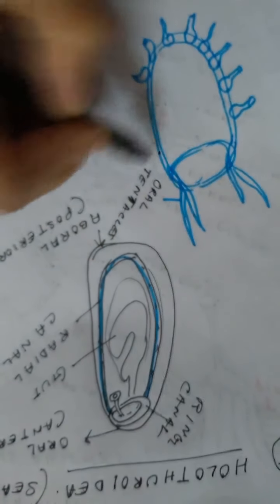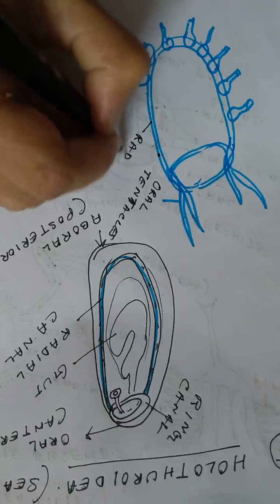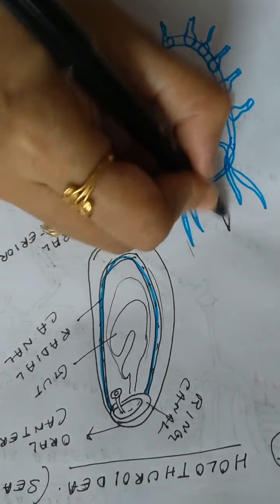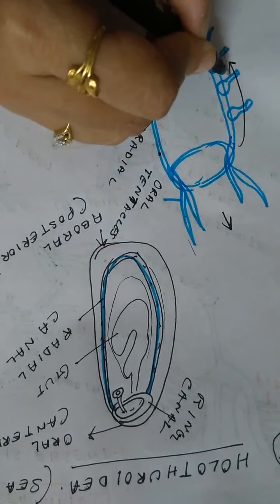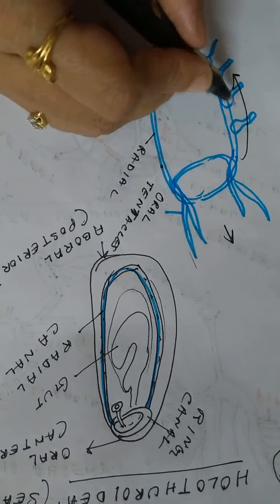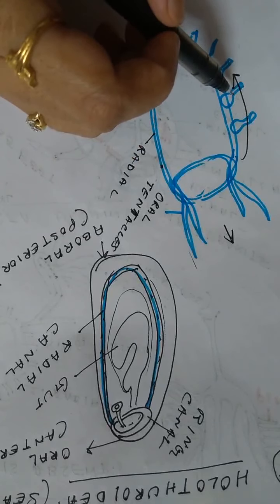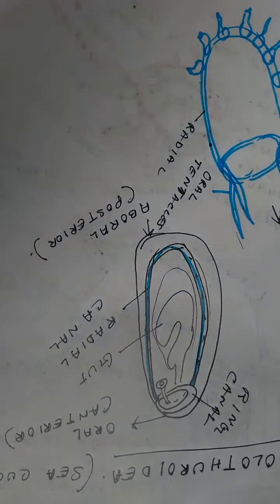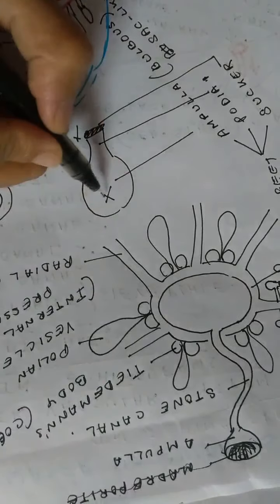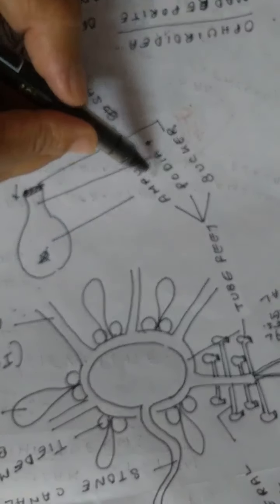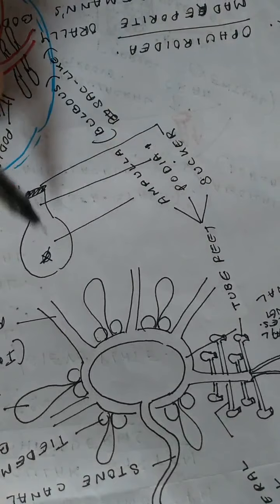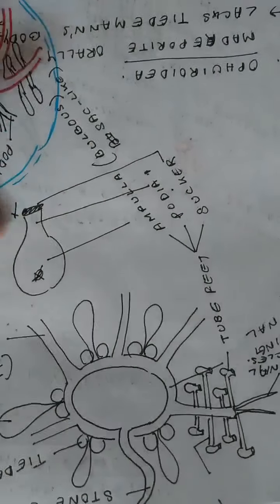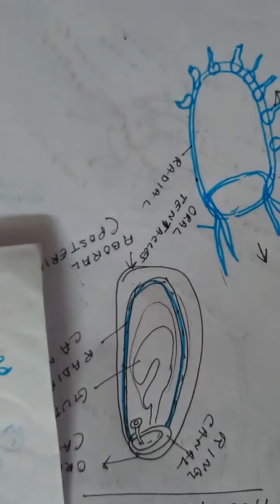So first this radial canal gives off these oral tentacles anteriorly, and then it runs posteriorly to give rise to the feet in a row. Okay, those feet comprise three structures, that is the ampulla, podia and the sucker. That means the suckered podia of holothuroidea. Okay.